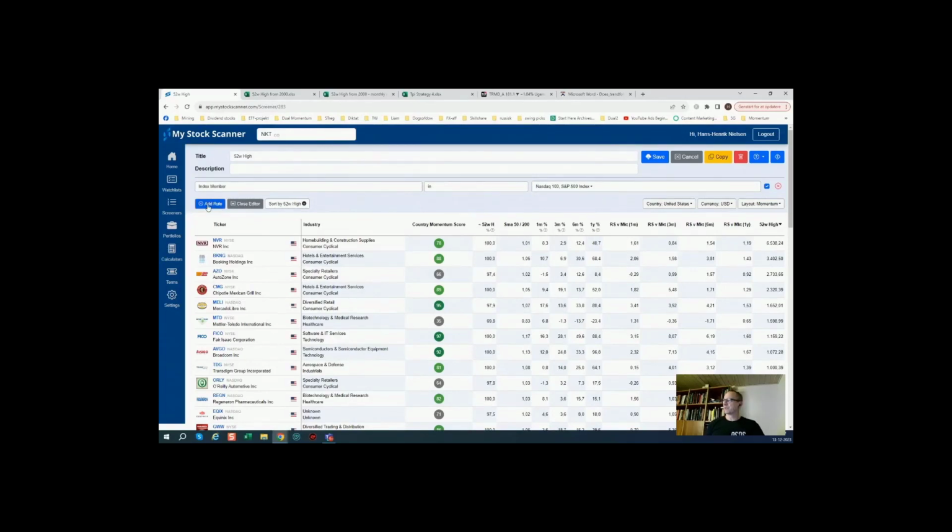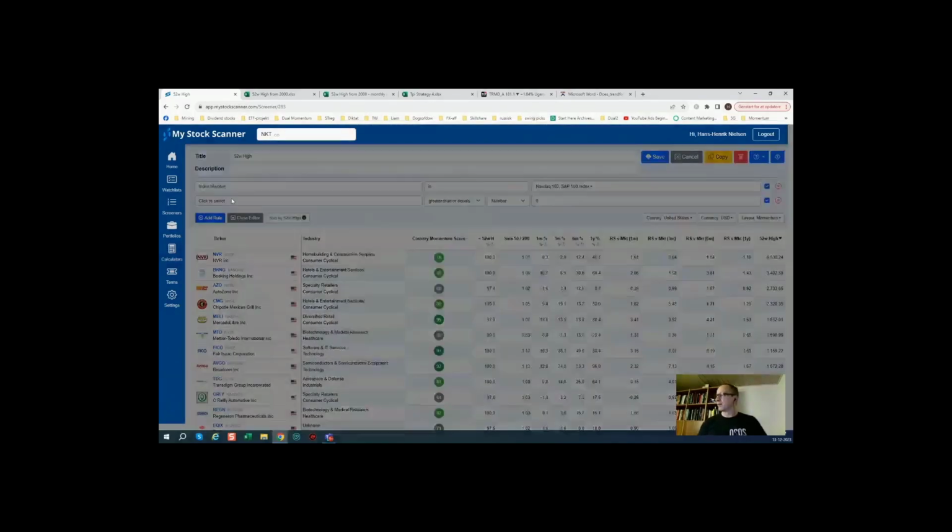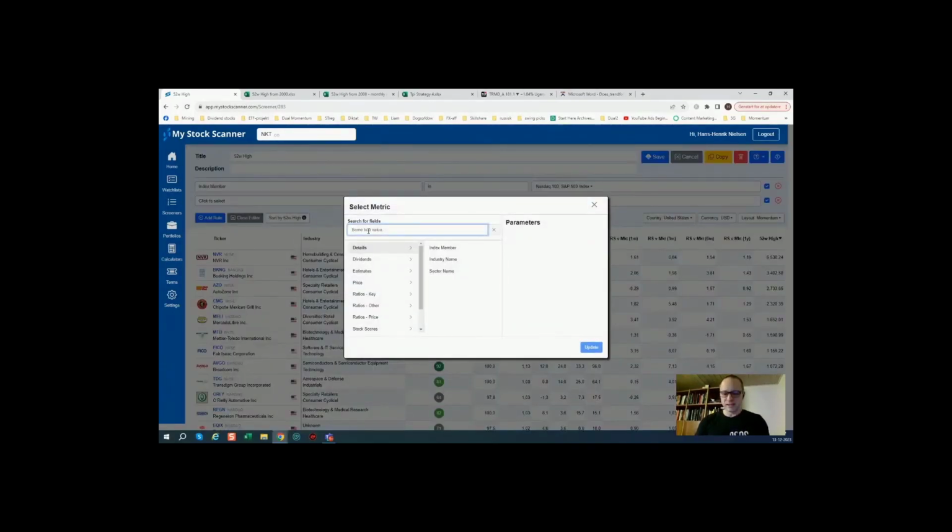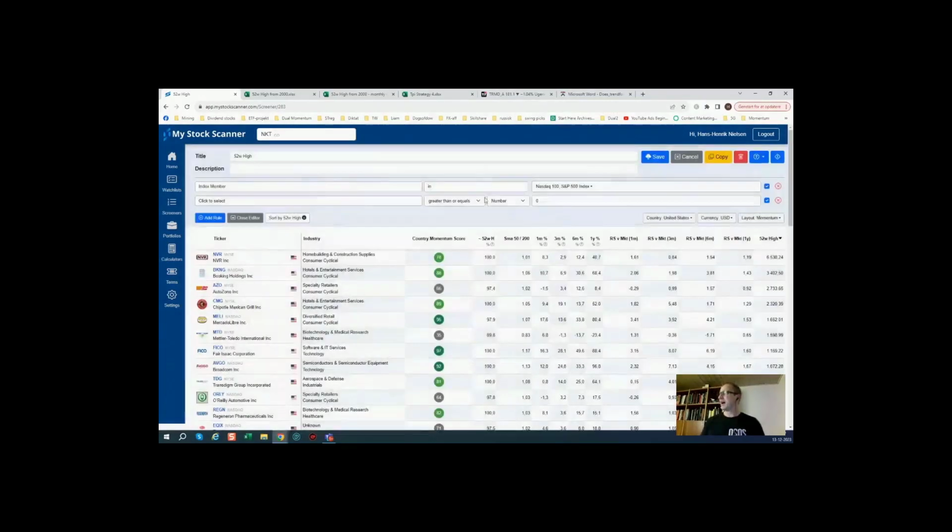So if you want to put that rule in for yourself, you make a screener, you add a rule, you press here and say index member, and then you choose that one. And when this one pops up, you can say, okay, which index or indices do I want it to be a part of?